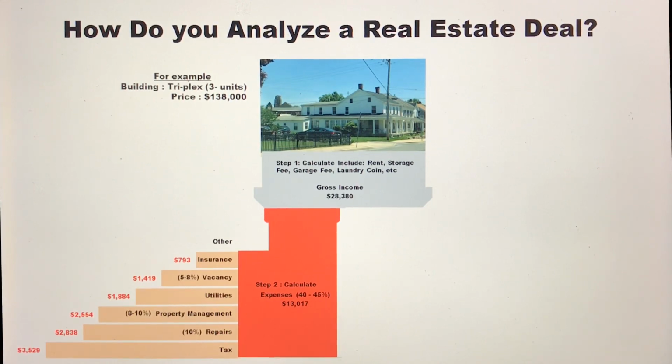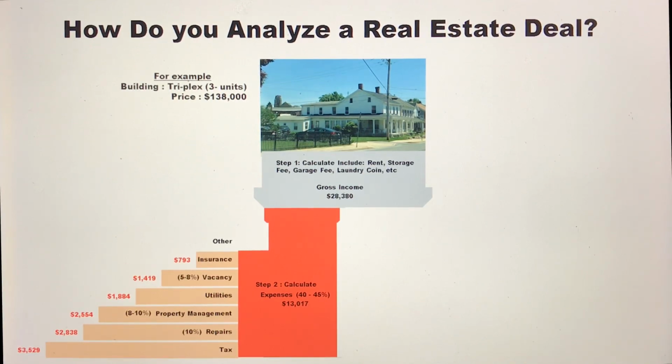But if they're not paying, then definitely you have to consider it. In this example, water and sewer were paid by the landlord, the previous investor, so that's going to be our expense going forward and we needed to account for it here. But electric and gas were under the tenants' names, so we didn't include them.